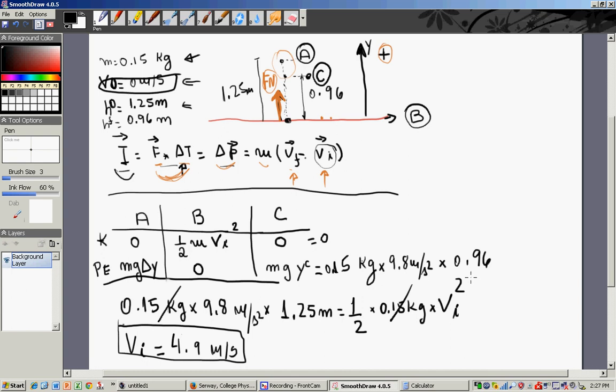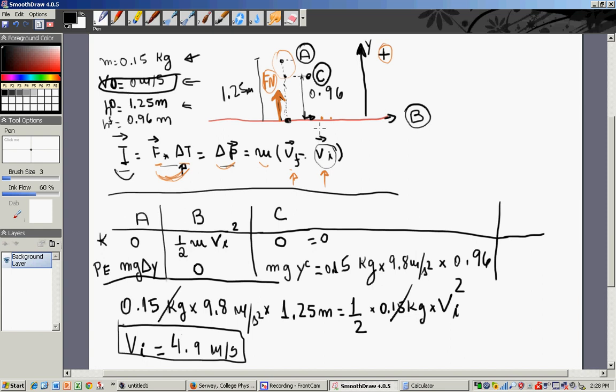Well, but I want to find what originates the rising of the ball. So I could use B, but I already found the initial velocity before collision. So I want to compare C, the condition of energy in C, with the moment the ball just finished colliding with the floor.